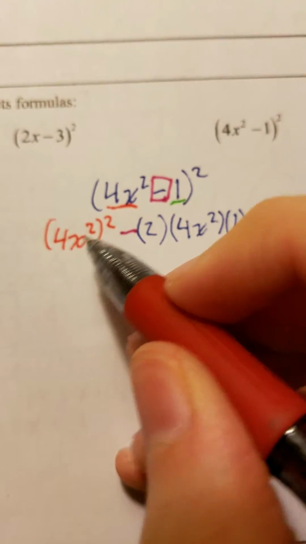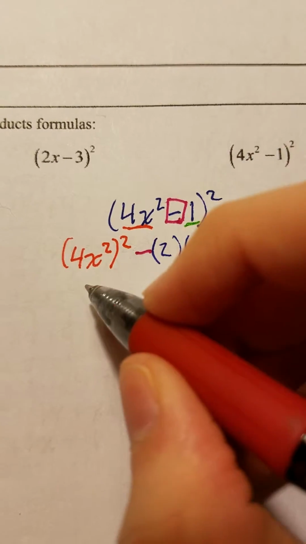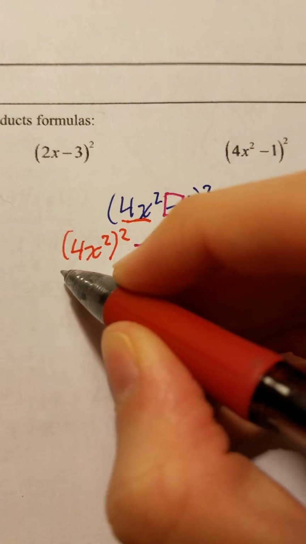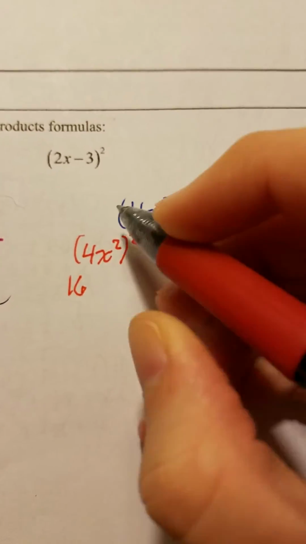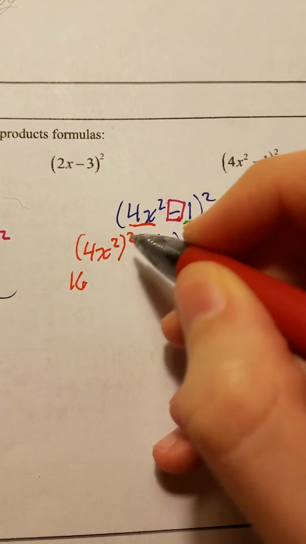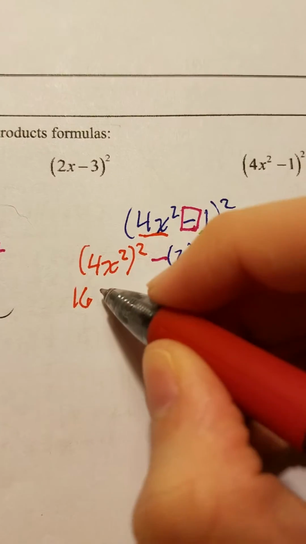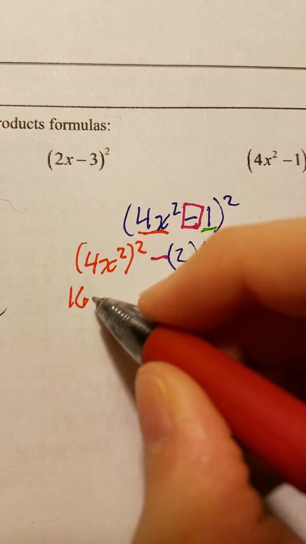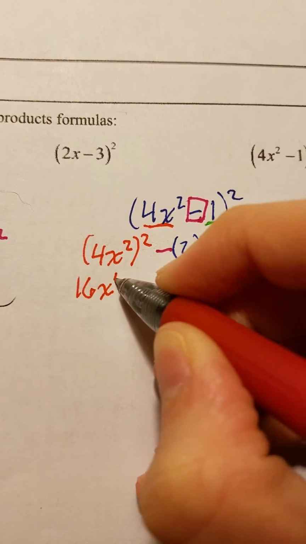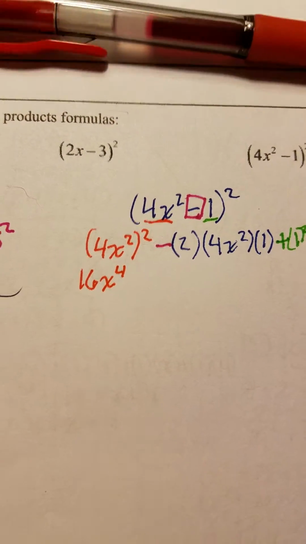Okay, now you simplify. So 4 squared equals 16. X squared times x squared, you add the exponents, so you get 16x to the 4th.